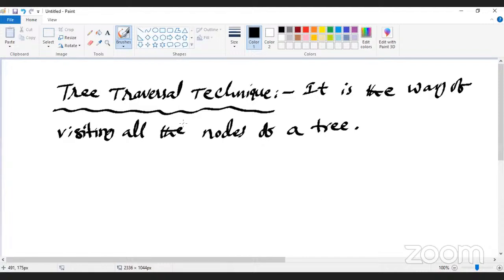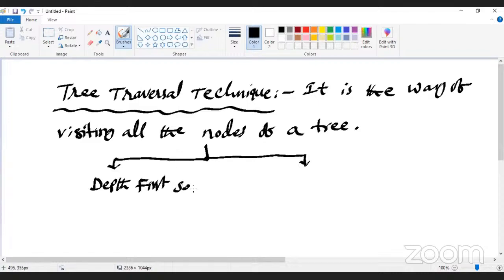Tree traversal techniques are basically two types. One is depth first search, DFS.